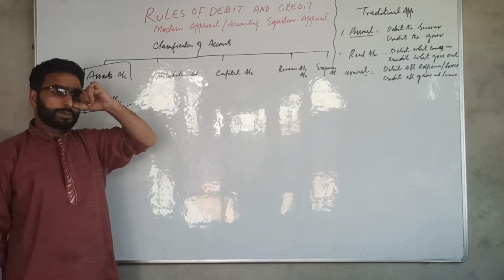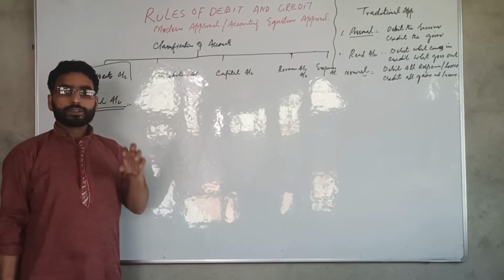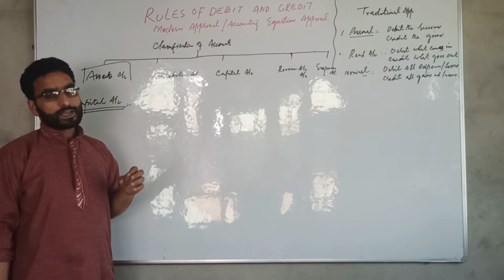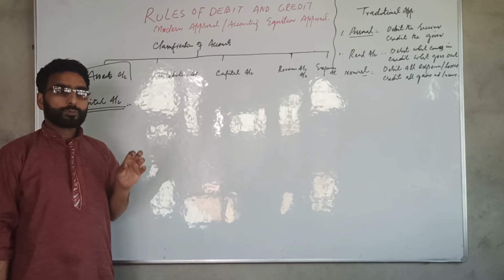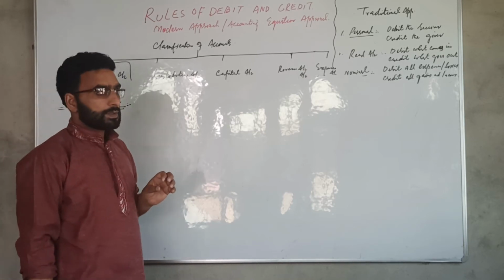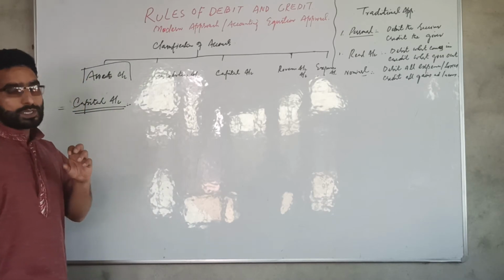Capital account. What is capital account? Capital account is the account related to the owners of the business, the proprietors and managers of the business, who manage and own the business.